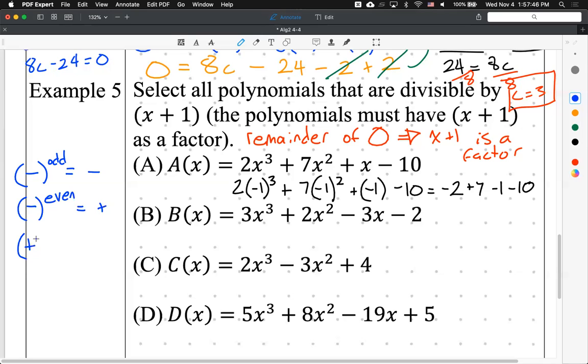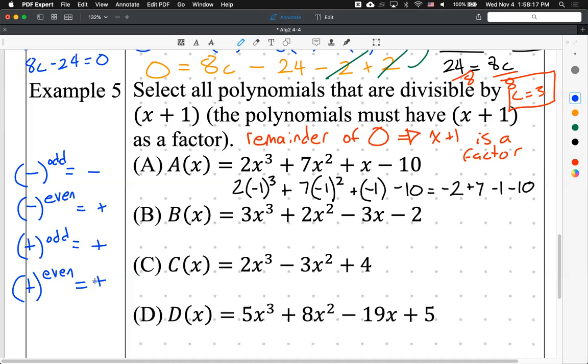What about a positive to an odd? What's +2 times +2 times +2? Is that a positive or a negative? It is a positive. It's impossible to get a negative once I start with a positive. Positive to an even, therefore, is also a positive, which means the only case that you need to worry about, regardless of whether you have a negative or a positive base, is a negative to an odd power.